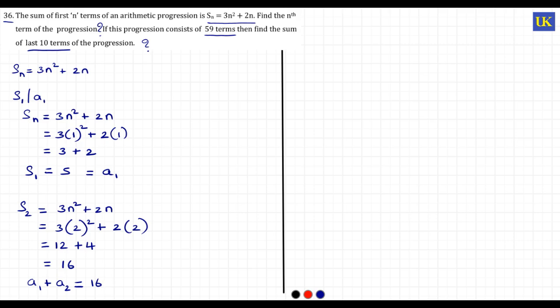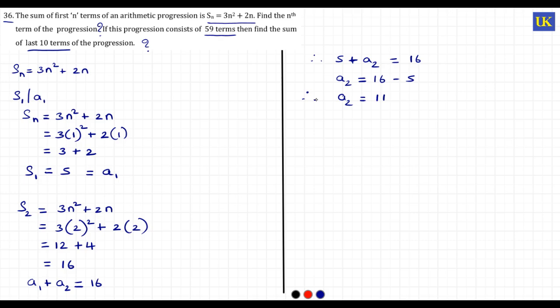Now I know that the A1 value is 5, so in place of A1 I will write 5. 5 plus A2, which we need to find out, so I'll keep A2 as it is, is equal to 16. Now A2 is equal to, I will send 5 to that side, it will become minus, A2 is equal to 11.